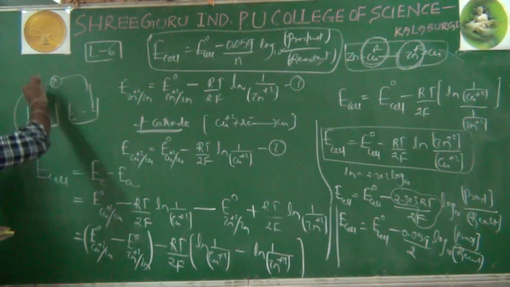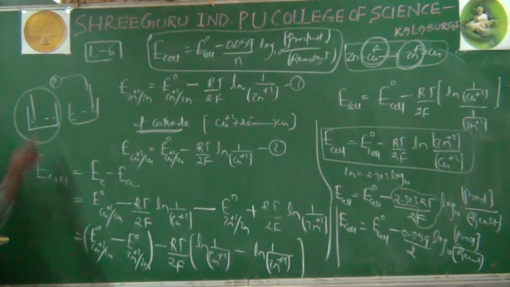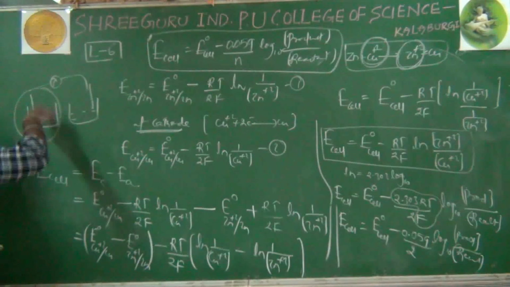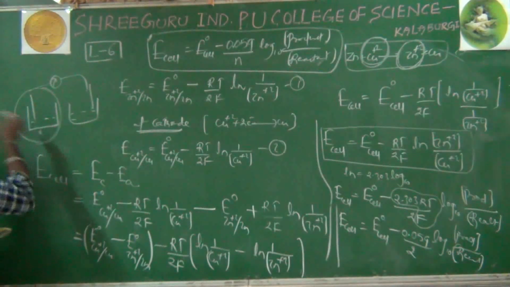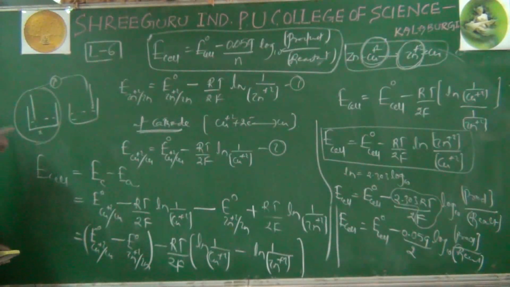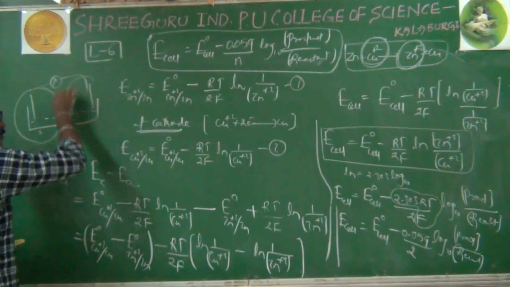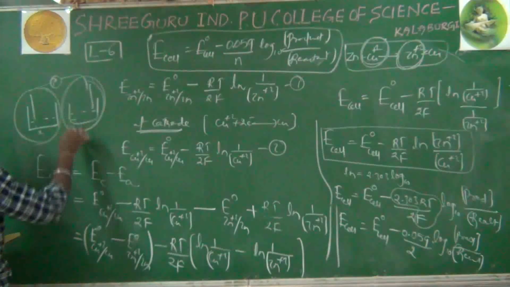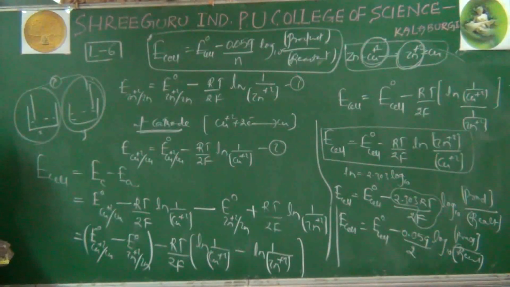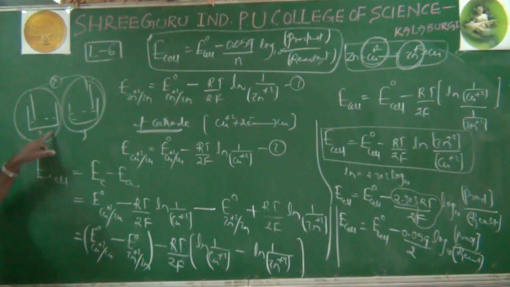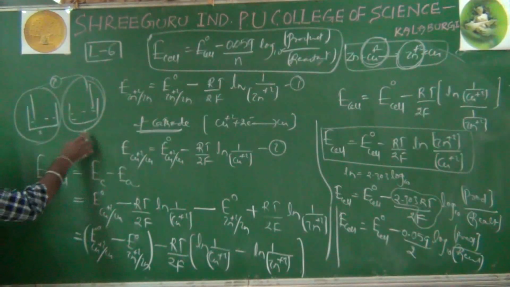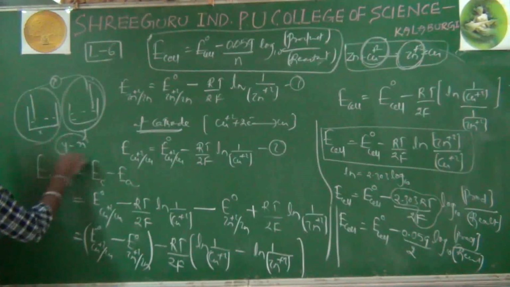First, with the help of the Nernst single electrode potential, we have to calculate this electrode potential, let it be x volts. Then again with the help of the Nernst equation, we calculate this electrode potential, let it be y volts. Individually one side gives x volts, the other side gives y volts. But I want the total cell potential. Total cell potential is nothing but right minus left, that is y minus x is your answer.